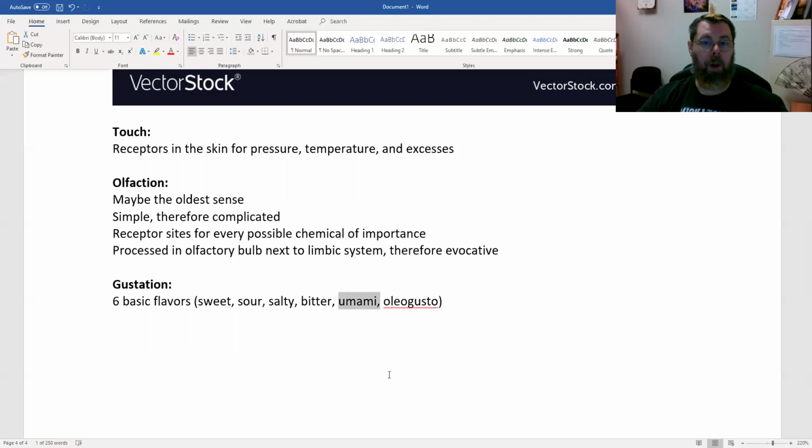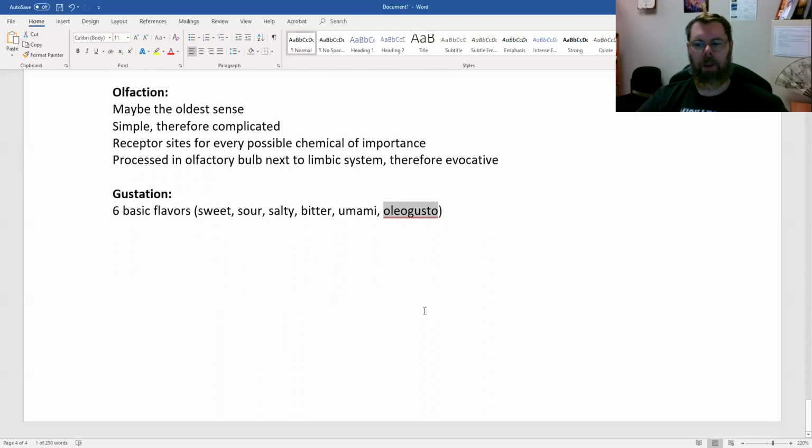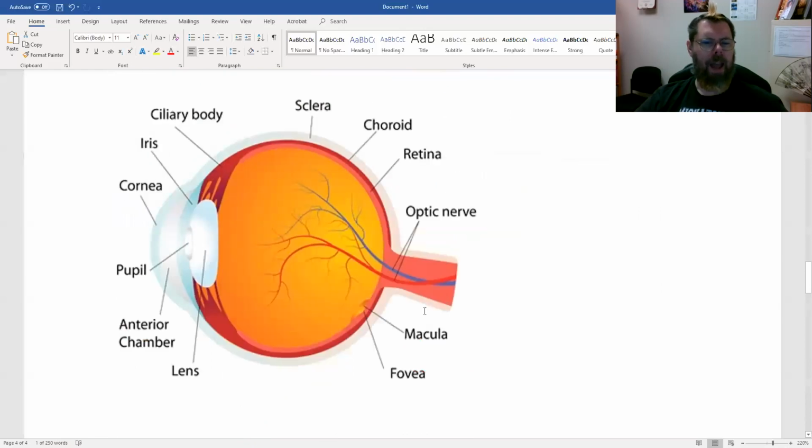And the way to remember this one is you go, ooh, mommy, that tastes like raw chicken. Okay? And then olio gusto, this is a new one even on me. This is the taste of fat. The satisfying taste of fat. Olio gusto. All right? Fat satisfaction, essentially.